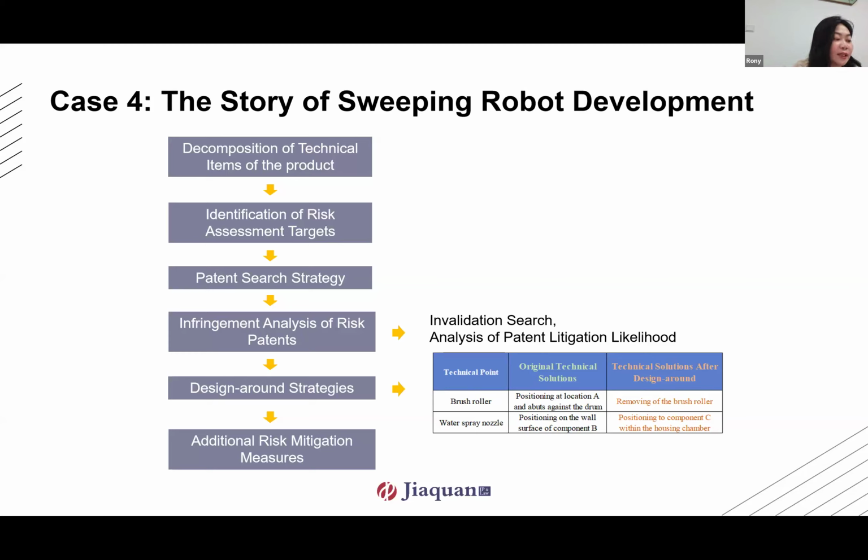Since patents usually focus on protecting a specific structure or specific control method, during the search process, we need to break down the product into many technical directions or technical branches. In this way, after we search and find many patents related to the competitor's product, we can align these patents to different technical directions according to the product design. Only in this way can we help the client understand what the risk patterns are in each structure or method and how high the risks are.